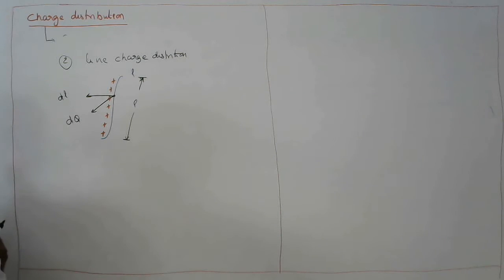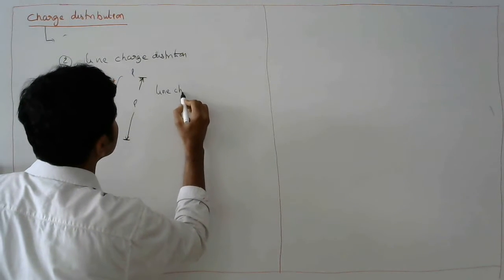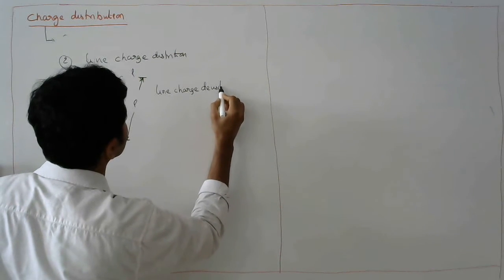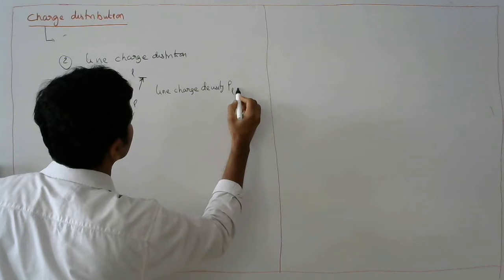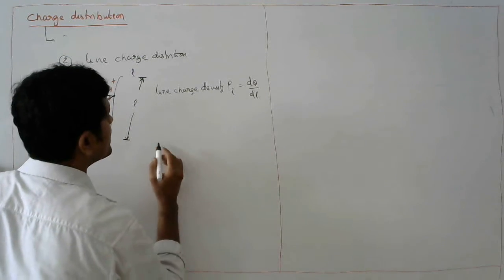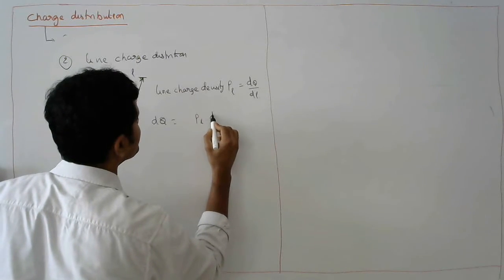Now we can define the line charge density at that point, denoted by rho L, which is equal to dQ by dl. So dQ is equal to rho L into dl.